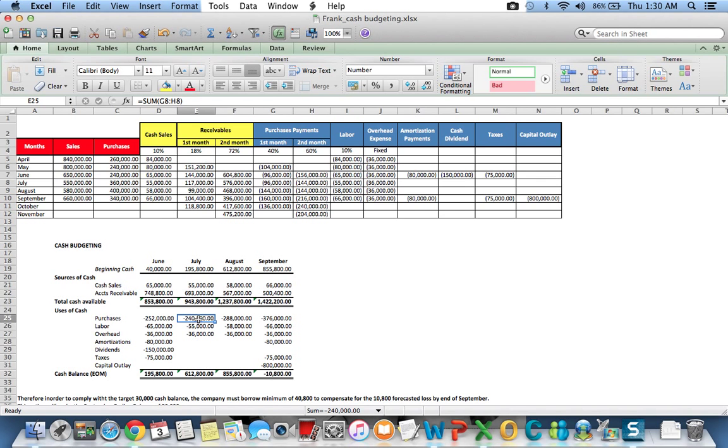With identified purchases made on July, a total of 240,000, with a labor expense of 55,000, an overhead expense of 36,000, to have an ending balance, deduct the total cash available against uses of cash, will have an ending balance of the month of July of 612,800.